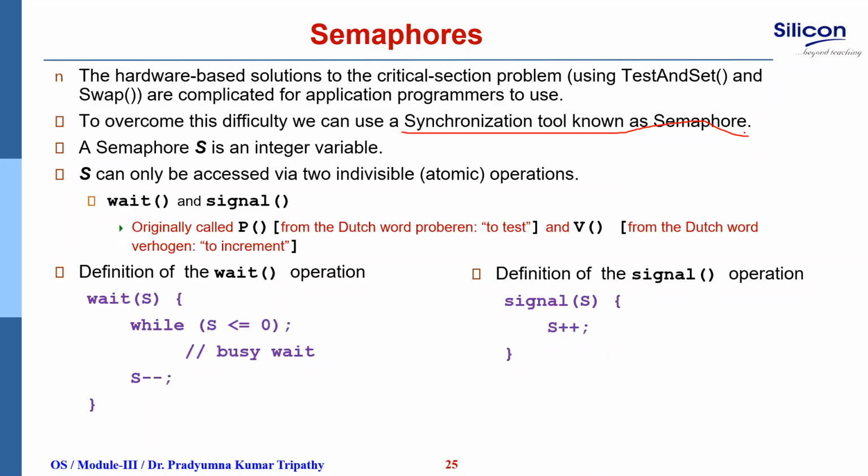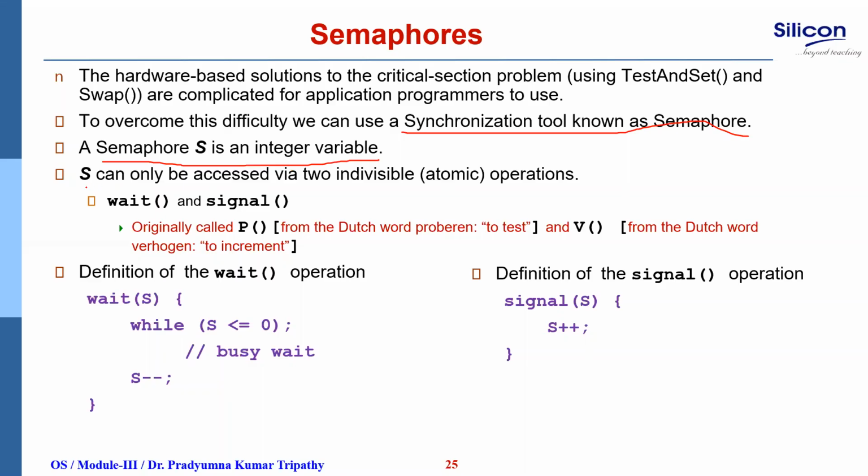The semaphore S is an integer variable. S can only be accessed via two indivisible operations. Do remember this, all these points are important. The semaphore S is an integer variable, first point.